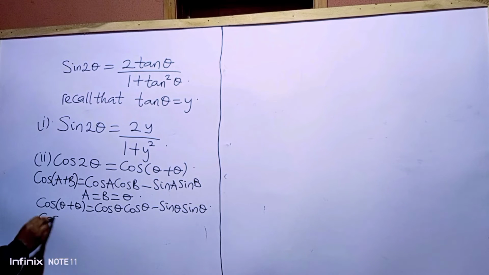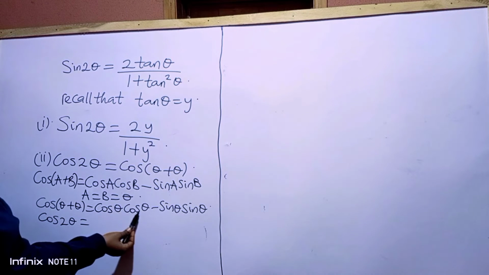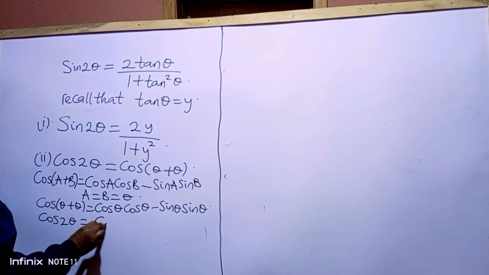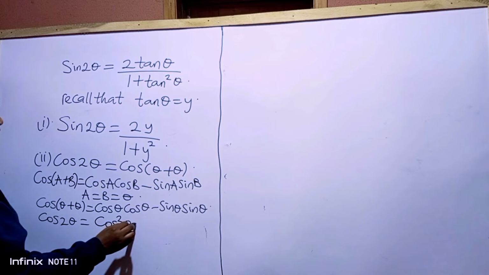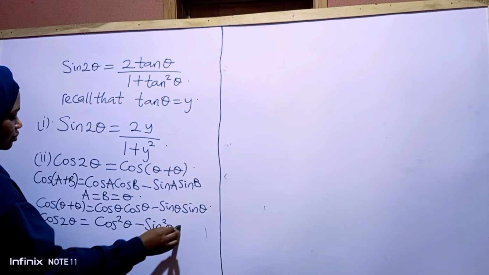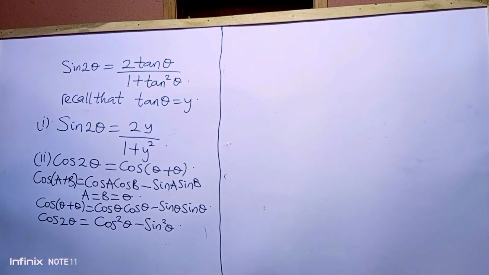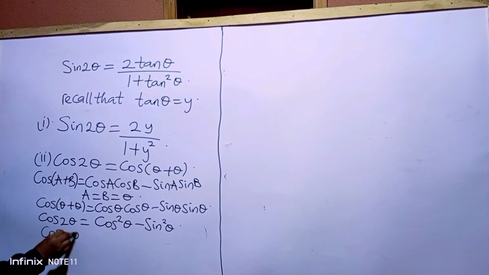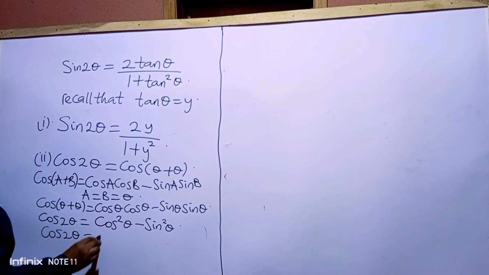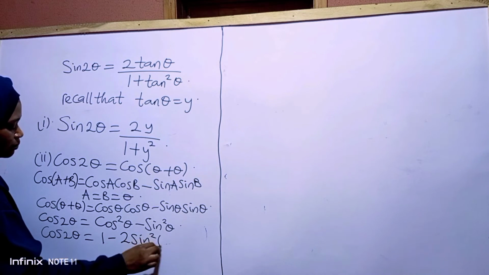So cos 2 theta is equal to cos squared theta minus sin squared theta. If you substitute the value of cos squared theta to be equal to 1 minus sin squared theta, then you have your cos 2 theta as 1 minus 2 sin squared theta.